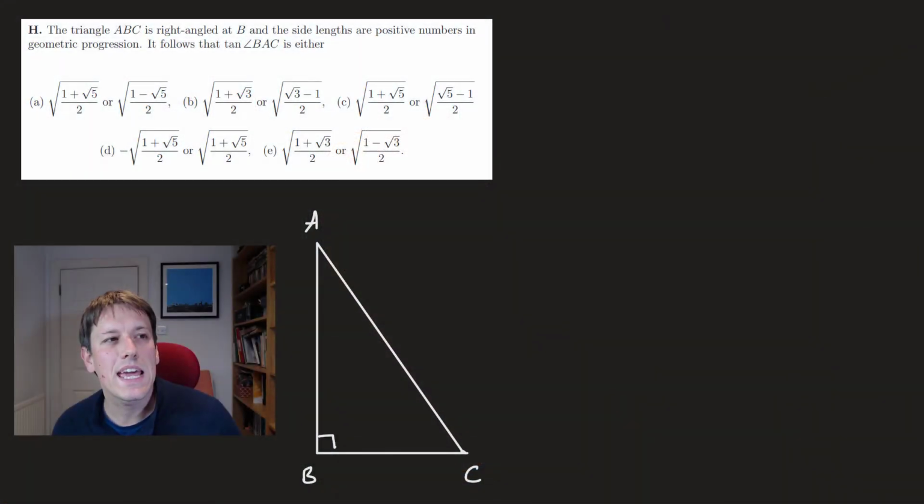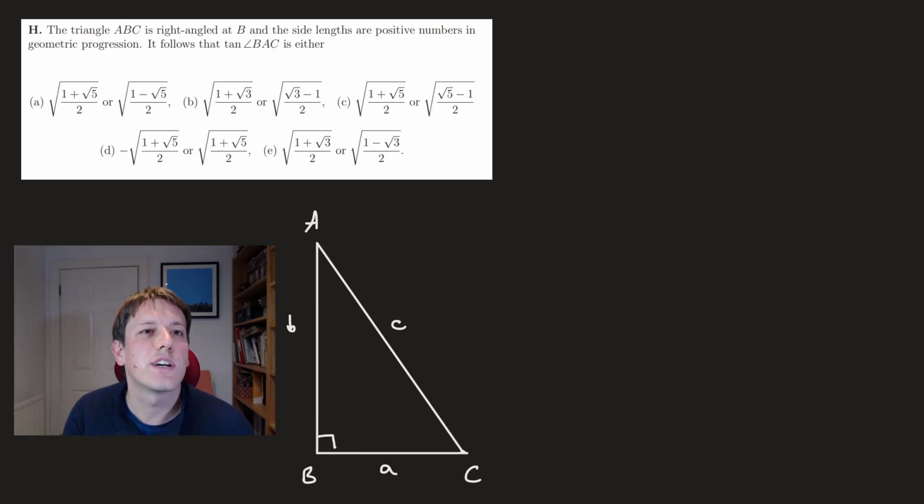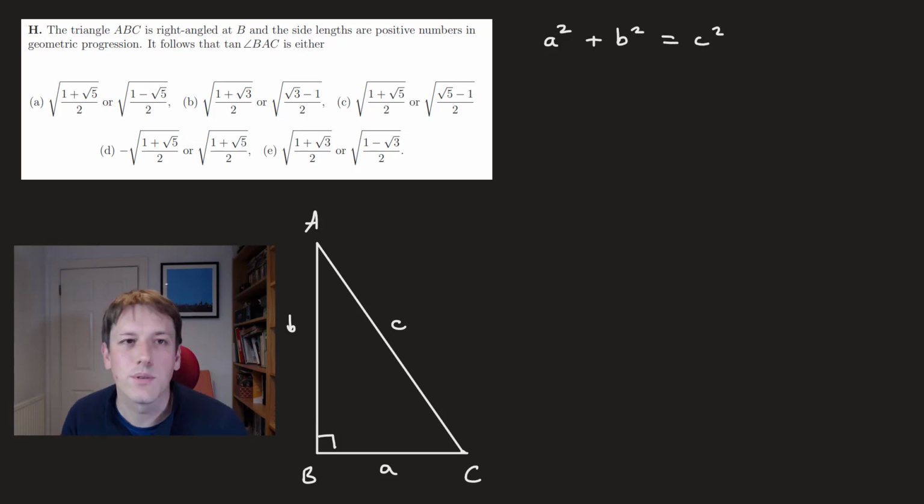So in 1 part H we've got a triangle ABC with a right angle at B, so the side lengths are positive numbers in geometric progression. So let's call the sides A, B and C, slightly against the usual convention of naming the sides with their opposite letters, but that's fine. Because it's a right angle triangle, we know that it satisfies Pythagoras' theorem, a squared plus b squared equals c squared.